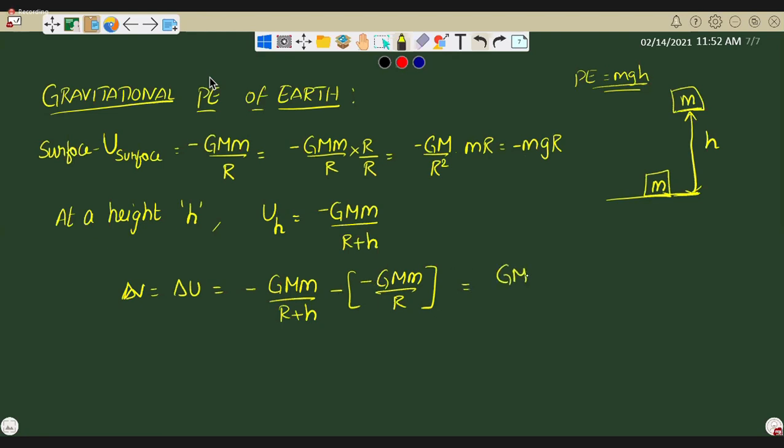So GMm, if I take common, it will be 1 by R minus 1 by R plus h. So work done in taking the body from the surface of the earth, so this is your center point, this is your R, and placing it at a distance h from the surface is GMm into 1 by R minus 1 by R plus h.